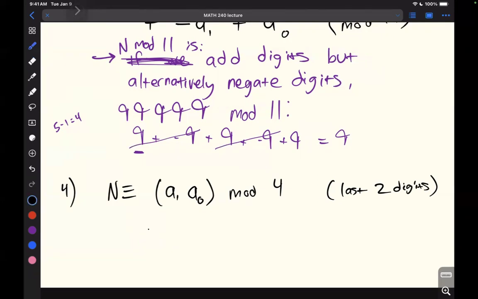So let's choose a number that I didn't plan beforehand. 77. So 7 times 7 is 49, which makes it a little bit easier for us. So 49 mod 4. 4 times 9 is 36.